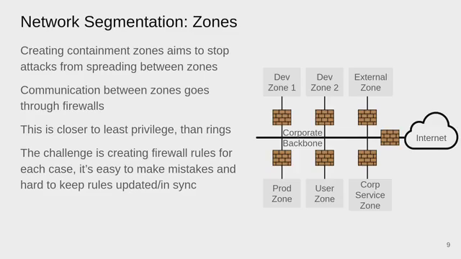Now, one approach for network segmentation, an alternative approach, is zones, which kind of goes more into the practical approach, where you have different kinds of containment zones. Like you think about how to logically break down your different departments inside a company. So you break this into developer zone 1, developer zone 2, external zone, production, user, corporate services, and whatnot in the internet.